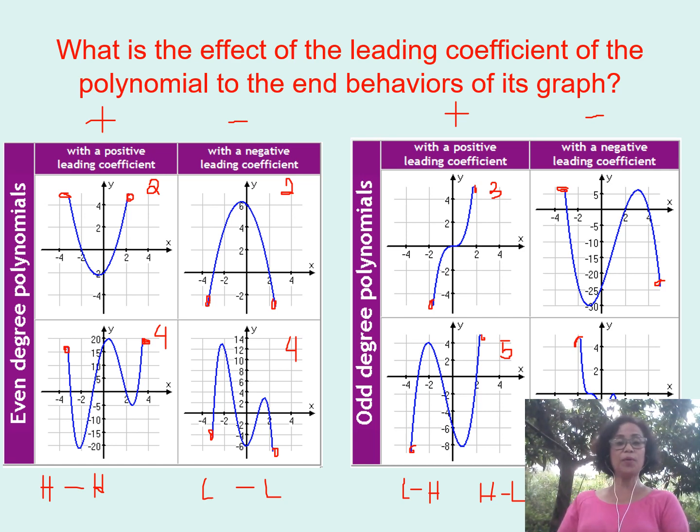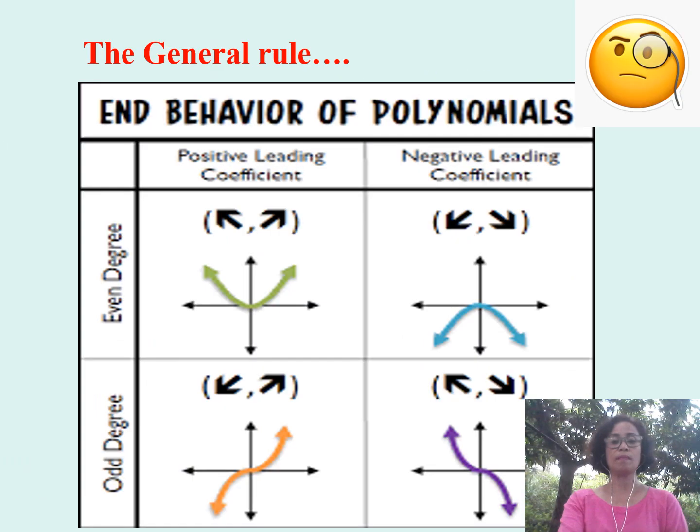Now, to help you remember this, let's see the general rule. The general rule for the end behaviors of polynomials can be summarized into this. To help you out, if I were you, I'm going to clip this slide for you to remember the general rule of the end behaviors.